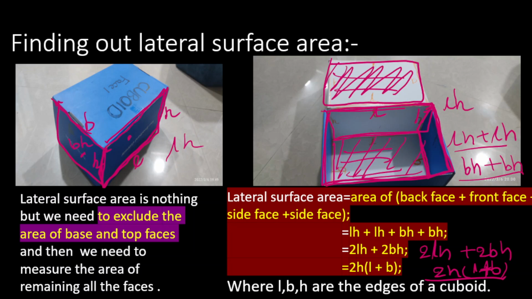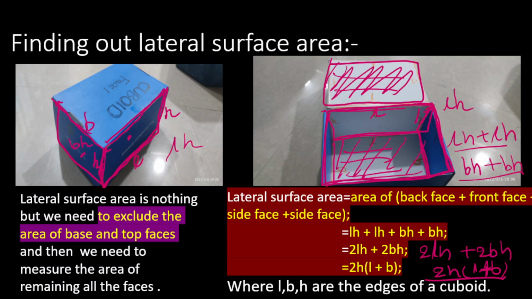And children, till now we have understood that the total surface area is the area of all the faces of the cuboid, and for the lateral surface area we need to exclude the base and top of the cuboid and find the area of the four sides, that are two side ends and the front end and back end.